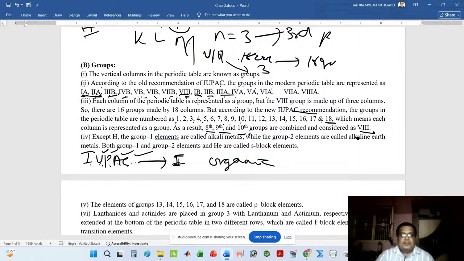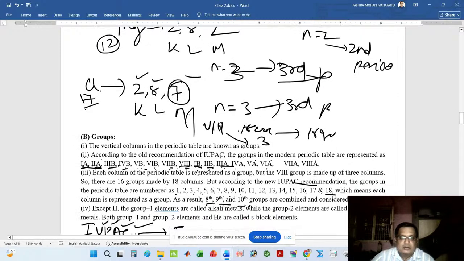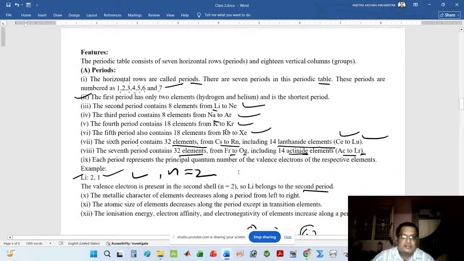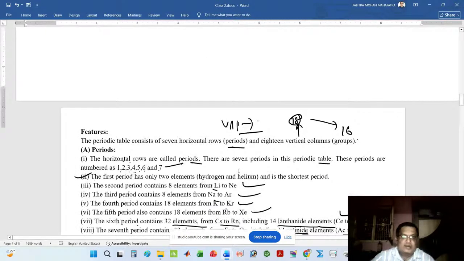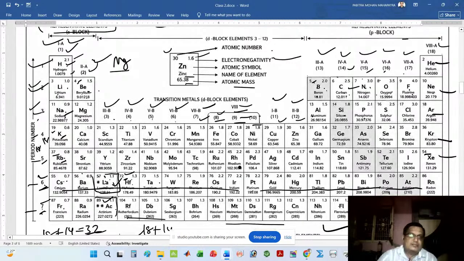Now let me explain the groups one by one. First, look at the modern periodic table. This is your IA group, the first group: hydrogen, lithium, sodium, potassium, rubidium, cesium, francium. Hydrogen is a gas.